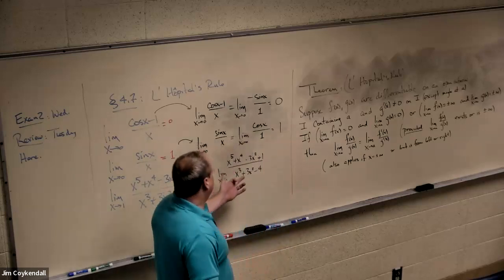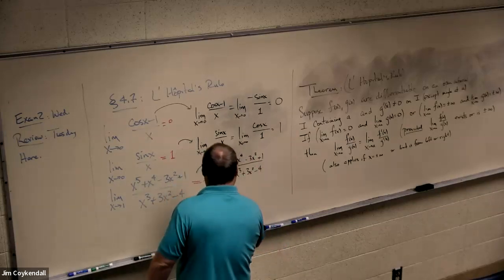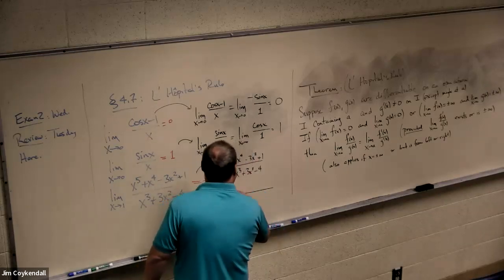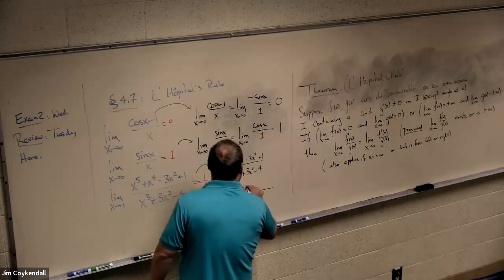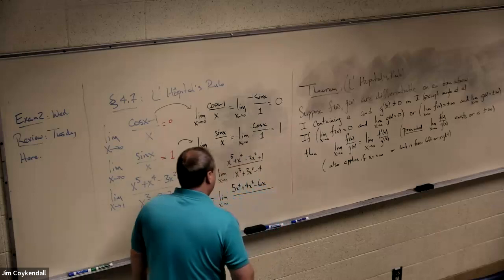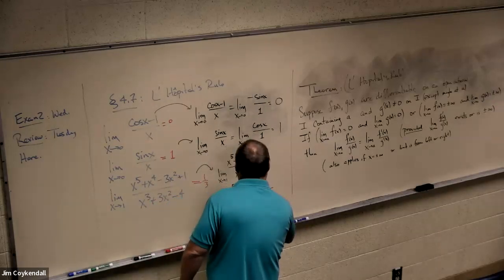If I plug in, just like I did before, I get 0 over 0. Following L'Hopital's rule, this should be 5x to the fourth plus 4 minus 6x over 3x squared plus 6x.